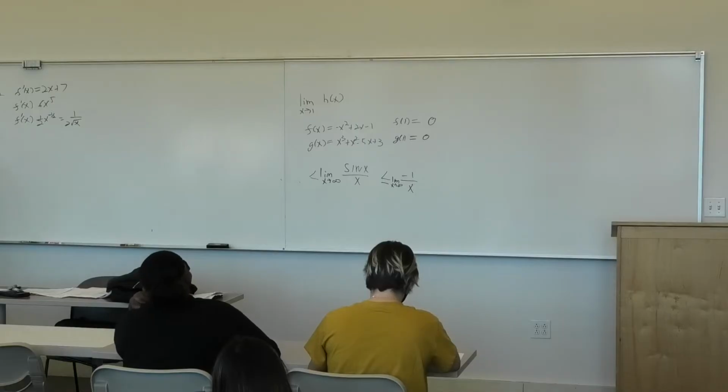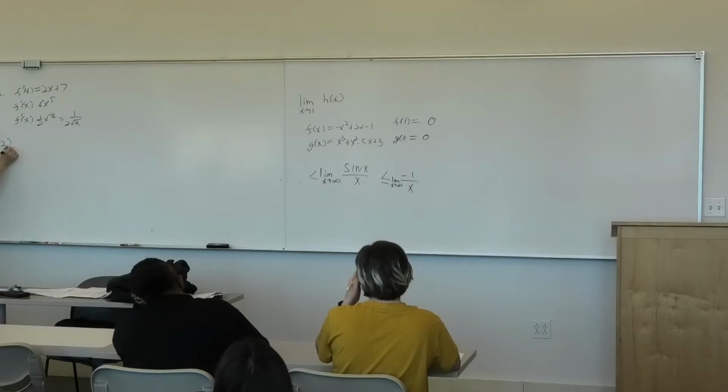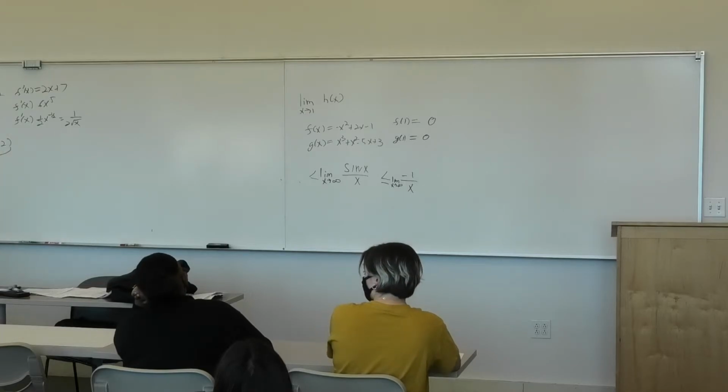Now we get to a problem where you need to use the product rule. The derivative of the product is not the product of the derivatives. It's not. We have e to the x times x squared plus 2. These are the two items we're multiplying.